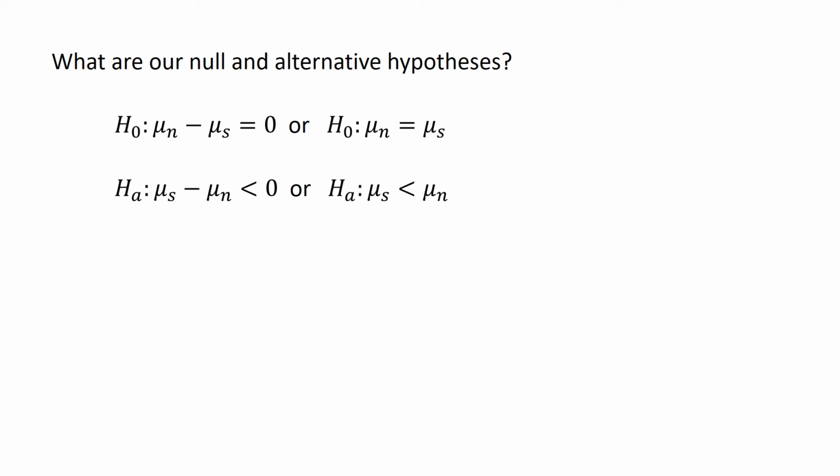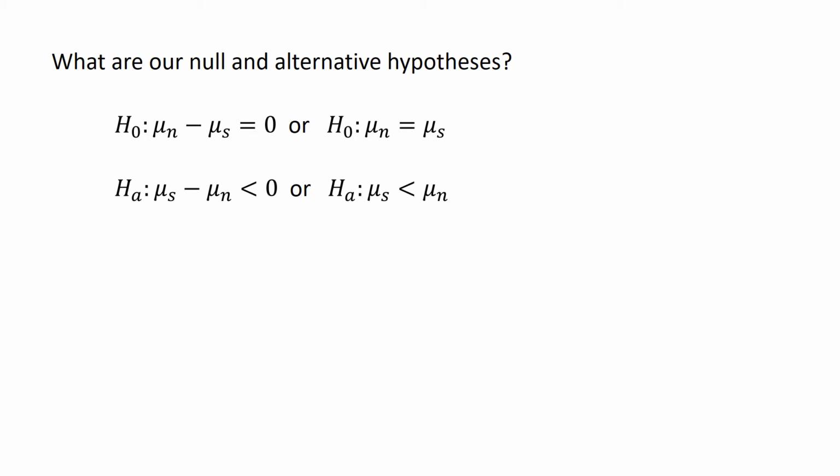Then the alternative hypothesis, as stated in this problem: is the mean forced vital capacity lower in the children exposed to parental smoking or not? So our alternative hypothesis is that mu s minus mu n is less than 0, that the smokers' children have lower capacity than the non-smokers.